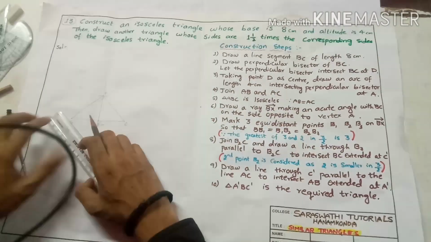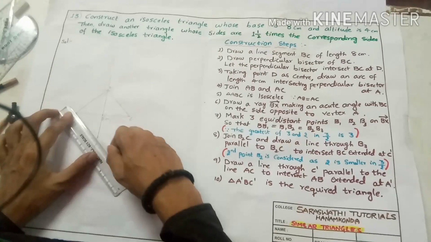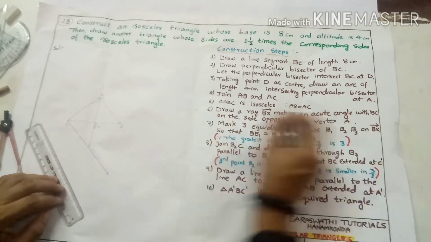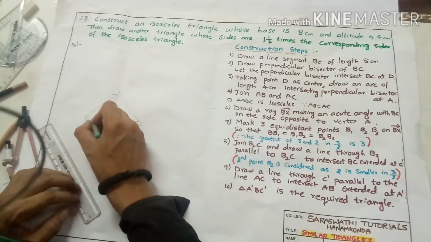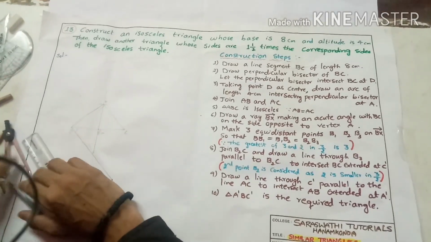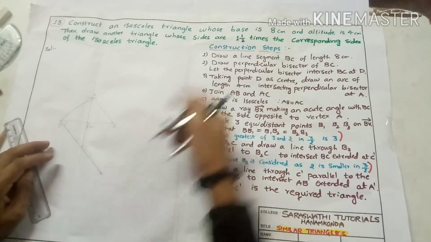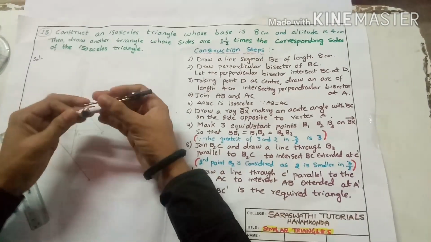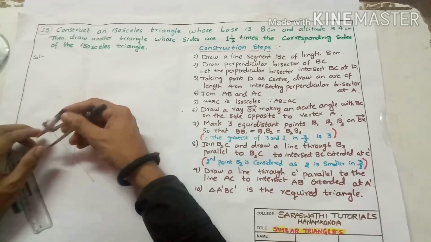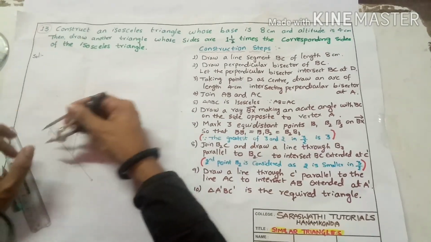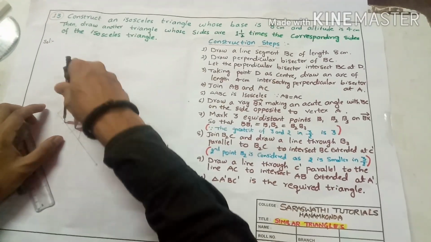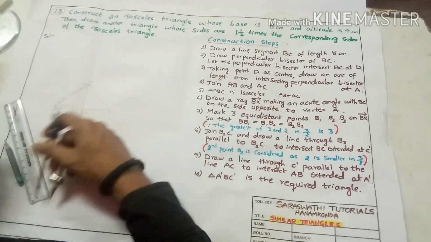Now draw a ray BX through B. Draw a ray BX making an acute angle with BC. Next, since in the question it is given 1/1.5, that is 3/2, we have the greater value 3. So we are making 3 equidistant points on the ray BX: 1, 2 and 3.